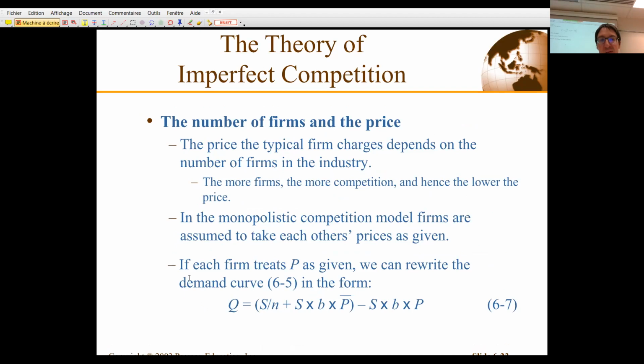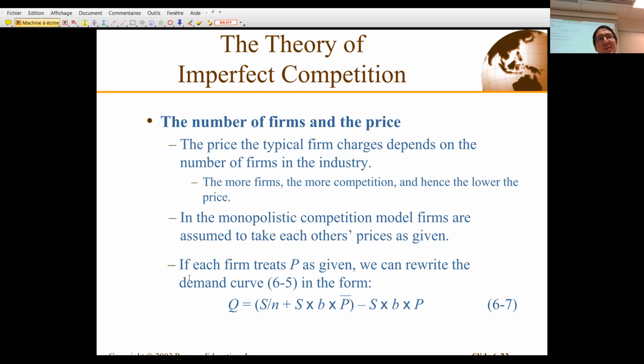Okay, so this is the model that they show. This is the first equation right there: Q equals S multiplied by 1 over N minus B, P minus P bar. Q is the firm's sales, S is the total sales in the industry, N is the number of firms in the industry. Are you copying all of these, or can I move forward?